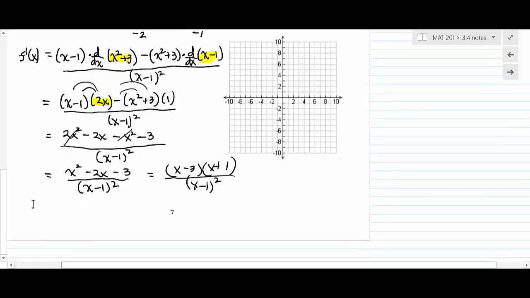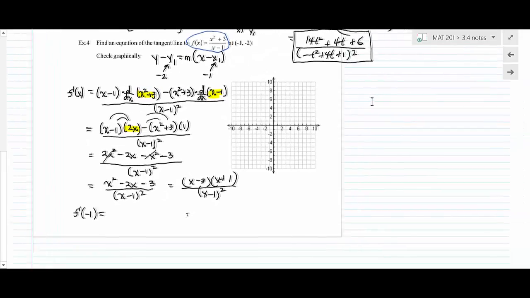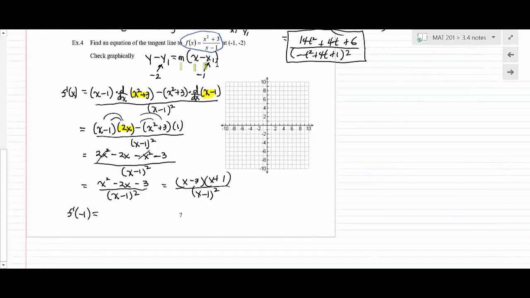Now what we're going to do is f prime of negative 1. The reason we're doing f prime of negative 1 is because I'm interested in finding the equation of the tangent line at x equals negative 1. That's part of the problem I gave you. So now you just plug stuff in. Let's do the factored form. Everywhere you see an x, you put in a negative 1.